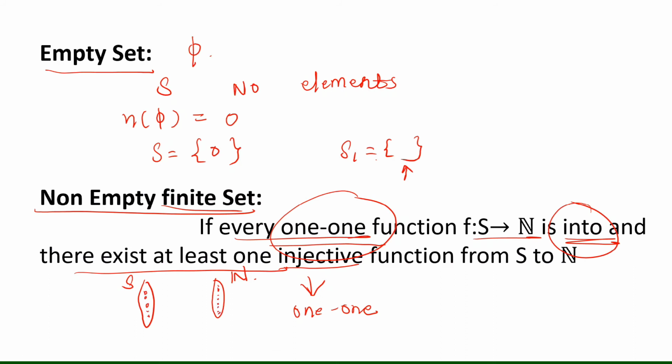So when I say if every one-one function, suppose this is a one-one function, which means every element of S is connected to at most one element of N. The function needs to be into, which means infinitely many elements of N are not connected to any element of S, and hence we can say that there exist only finitely many elements in S, and hence this definition.